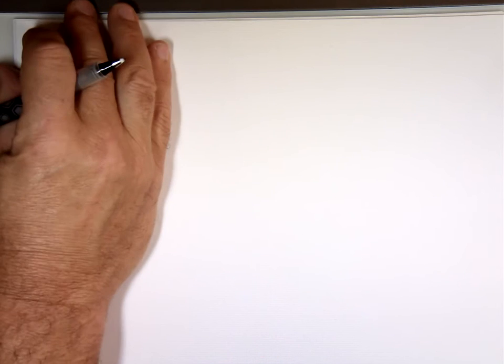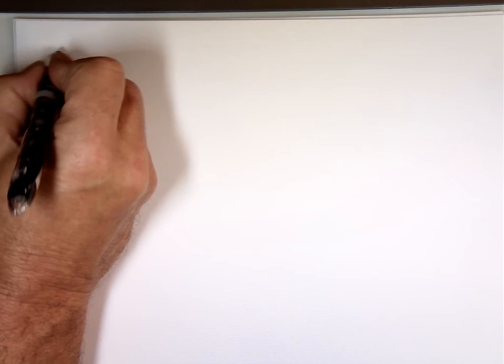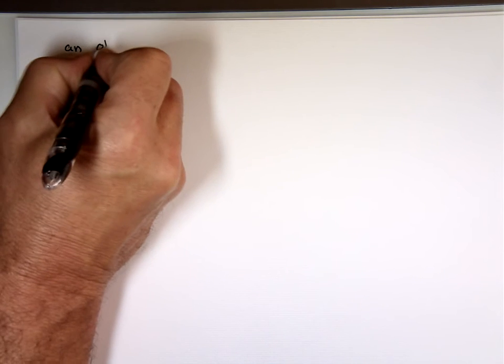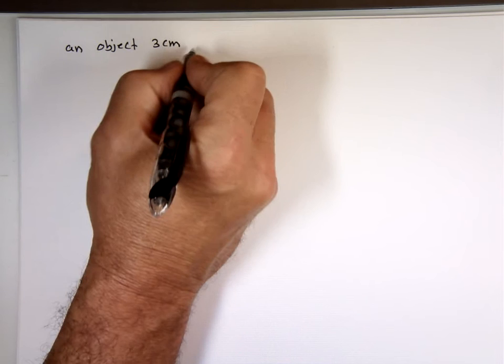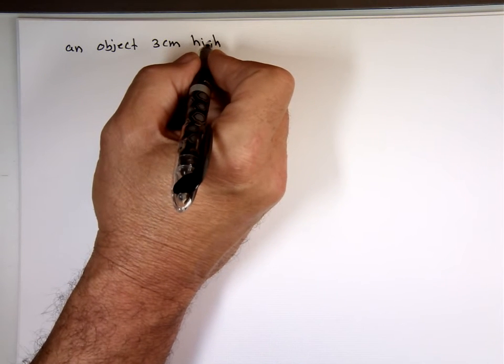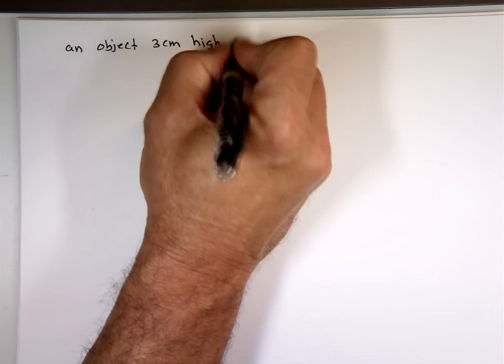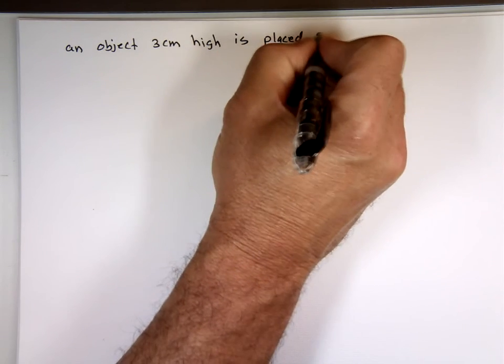An object 3 centimeters high. That's the height of it. Is placed 20 centimeters from a convex mirror.